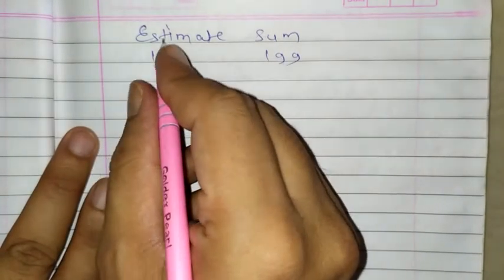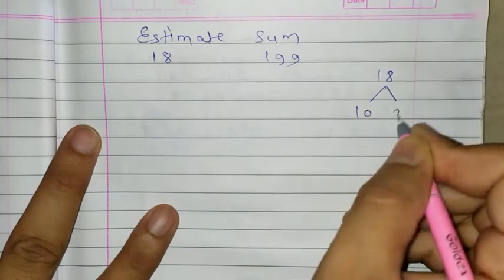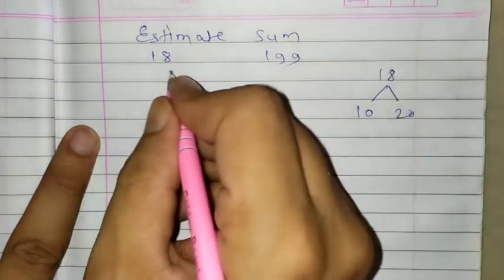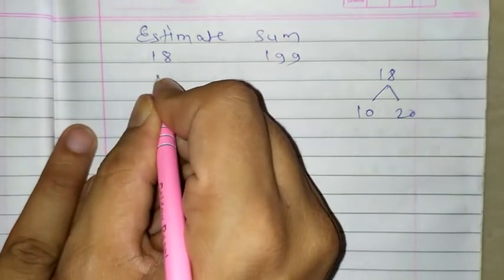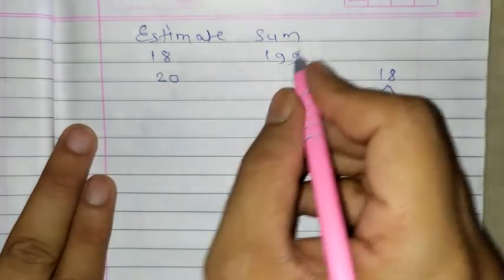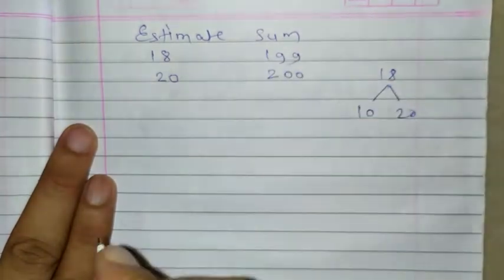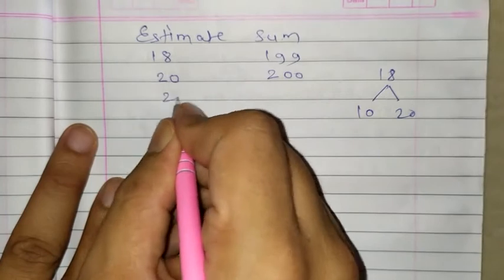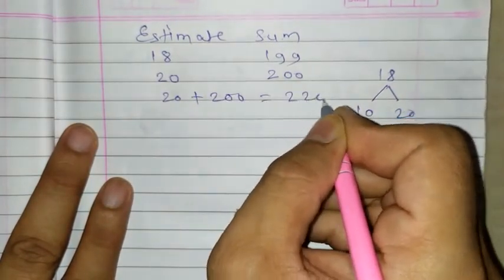Here 18 is present between 10 and 20, but it is closer to 20, so directly write 20. Rounding of 199, as you can easily calculate, is closer to 200. So 20 plus 200 is nothing but 220.